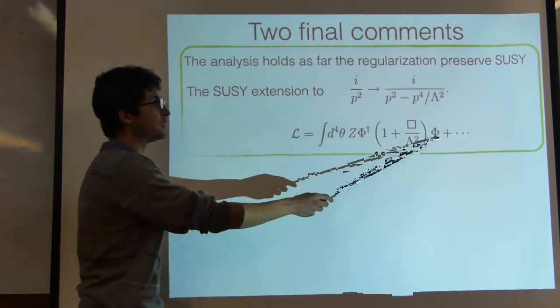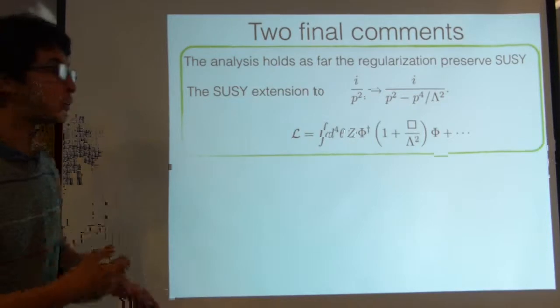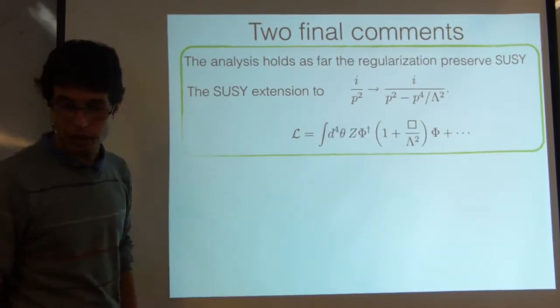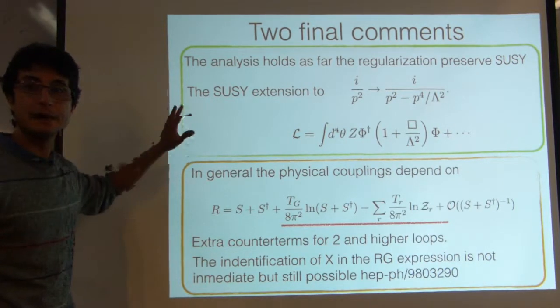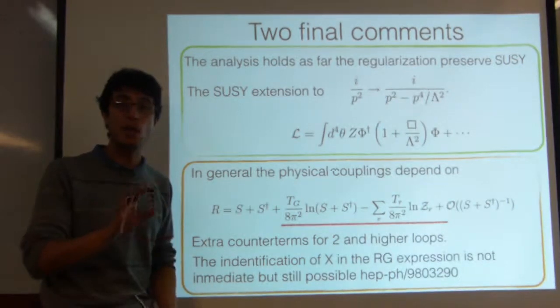Now it's a supersymmetric regularization. So if you want to implement this, you have to use a supersymmetry-preserving regularization scheme. And this analysis is very straightforward when you stop at the one loop level.